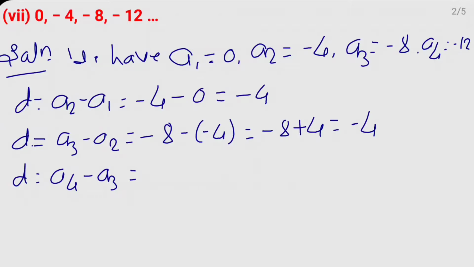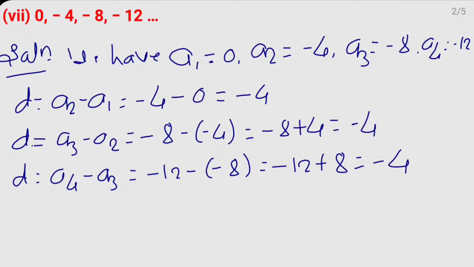Here A4 is minus 12 and minus A3 is minus minus 8, so minus 12 plus 8 is minus 4. So look here, D is a constant, right? D is a constant means the given sequence is an AP.